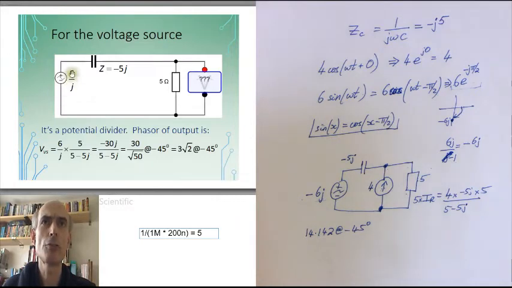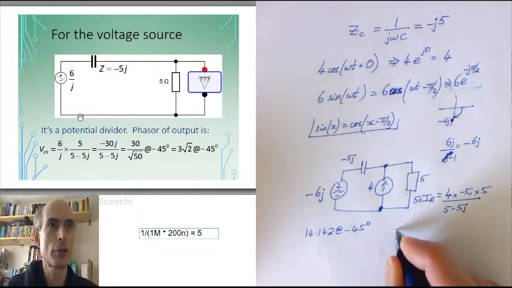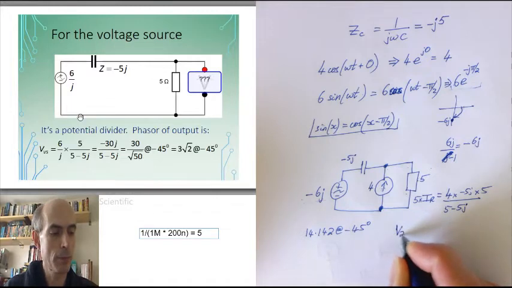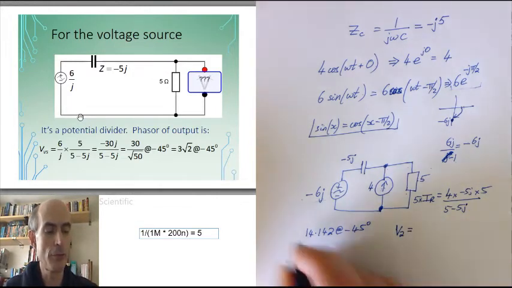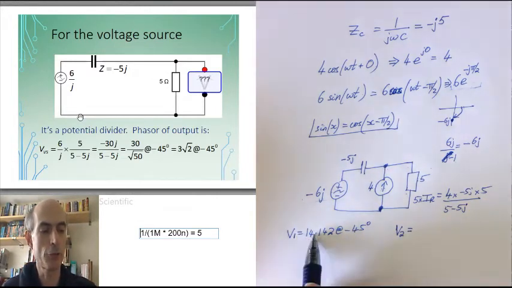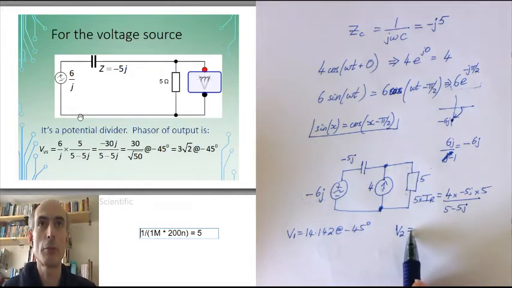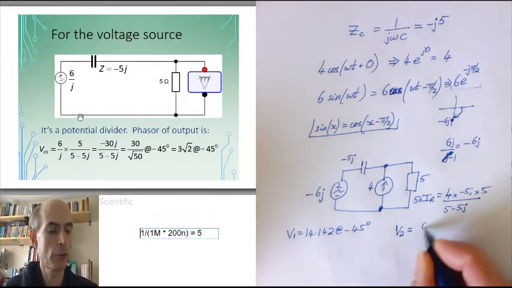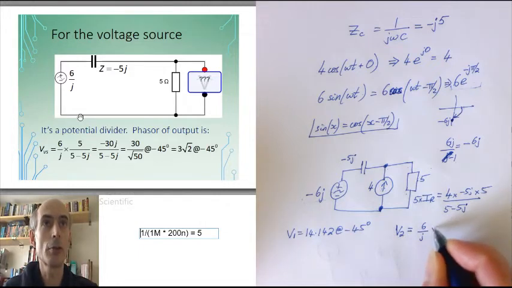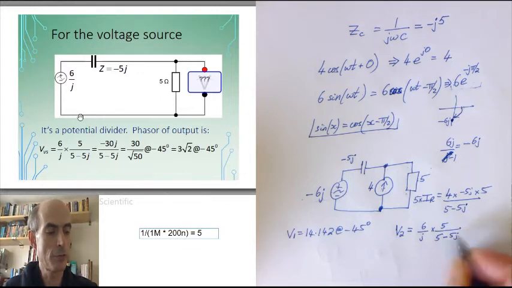So the voltage as a phasor representation is 6 over j at the top of my potential divider. This resistance is 5 ohms. This resistance is minus 5j. The potential divider equation would just give the contribution to the output. I'll call it V2. This is V1, the contribution from the current source. The contribution from the voltage source is 6 over j times 5 divided by 5 minus 5j.